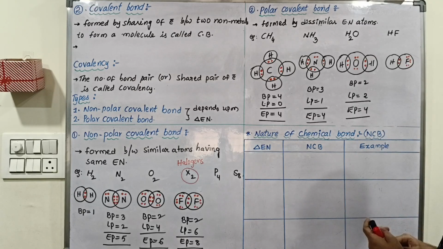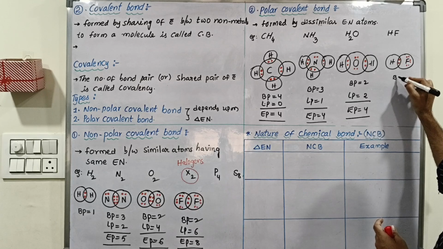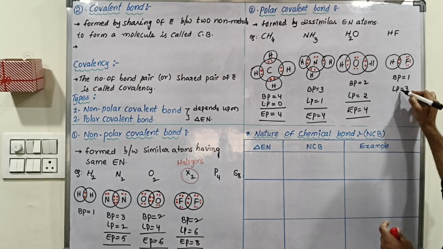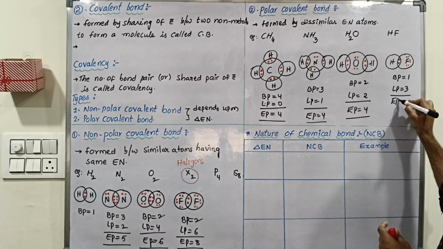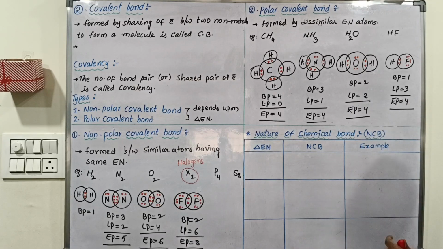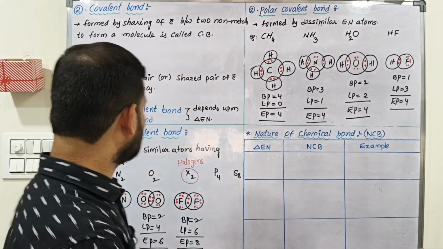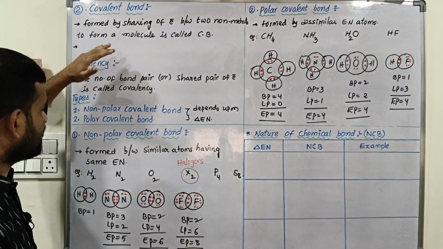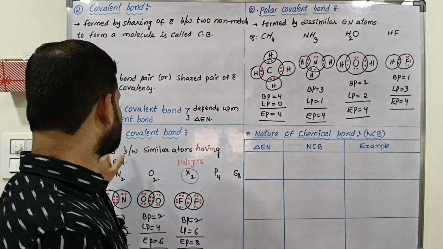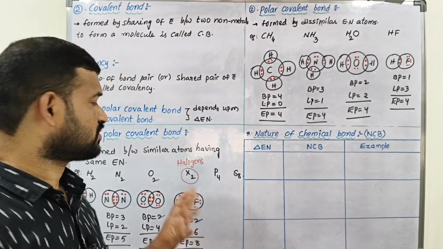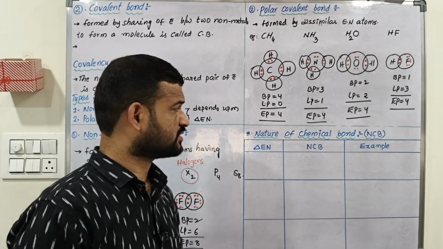So now tell me: BP is equal to 1, LP is equal to 3. So totally EP, electron pairs, 1 plus 3, 4. So this is about a polar covalent bond. Understand? Covalent bond is of two types, that is non-polar covalent bond and polar covalent bond, and these are the examples.